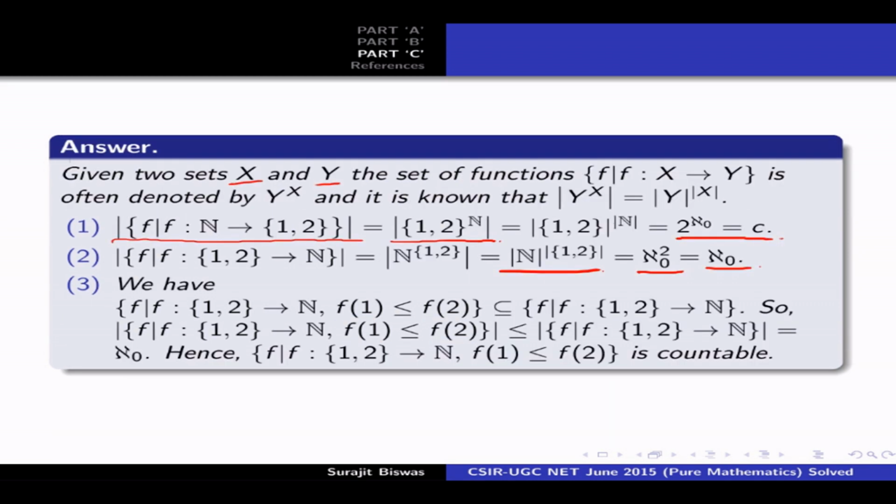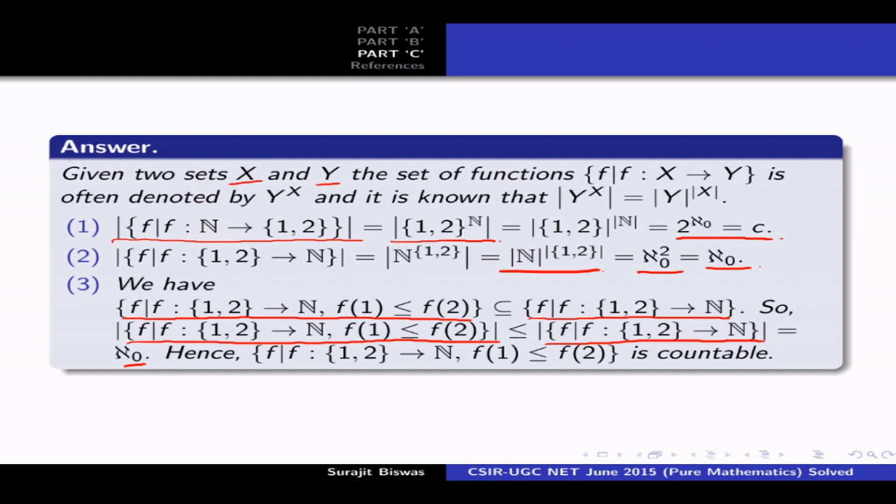Now we observe that this set is a subset of all functions from {1, 2} to N, and therefore its cardinality is less than or equal to that cardinality, which we have already shown in option 2 is equal to aleph naught.